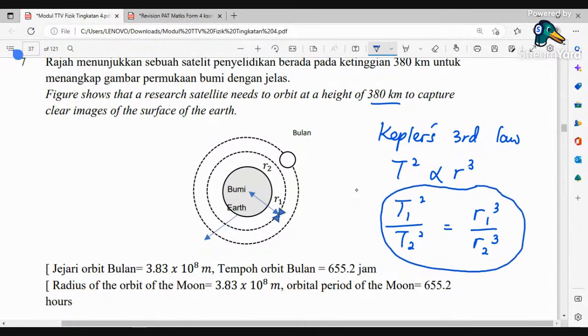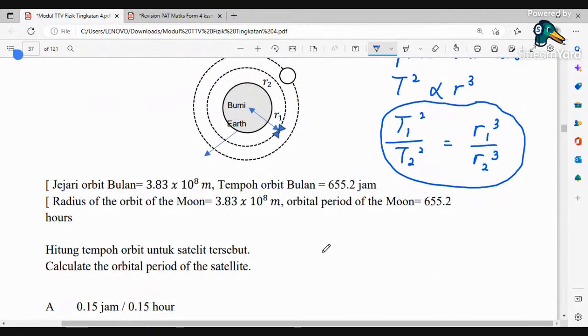So you have this one. The T1 and R1 you can label for the satellite, T2 and R2 for the Moon. In this question you need to find the orbital period of the satellite. Let's say I want to find T1, so try to use this formula. T1 is for the satellite, so I just put Ts.